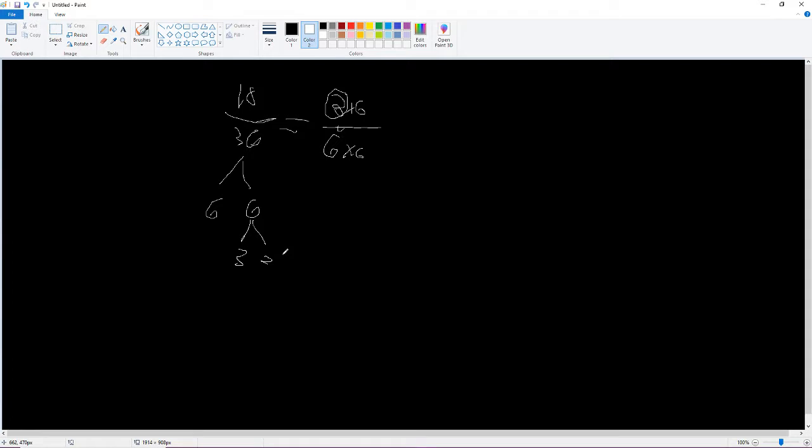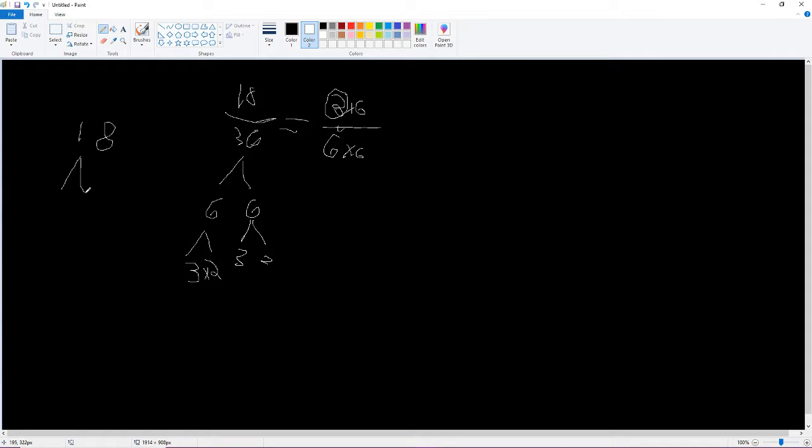Let me do this with my computer mouse. And then same thing, which is 3 times 2. And then you would do 18. So that'd be 18.